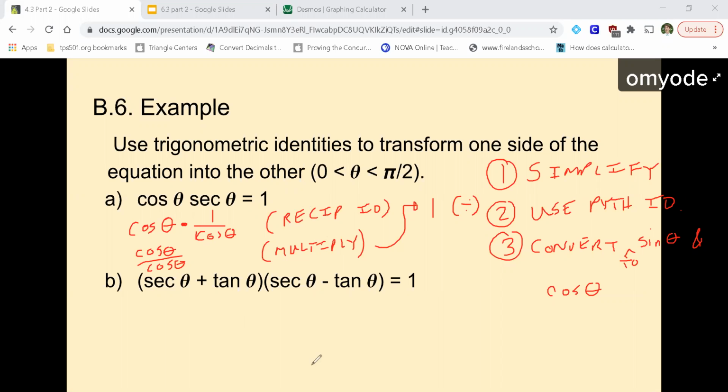So let's try another one. So again, I want to convert this to equal 1. So for this one, since I do have two things being multiplied together, I'm going to start by simplifying. And I'll actually multiply them together. Secant times secant is secant squared. Secant times negative tangent is negative secant tangent.